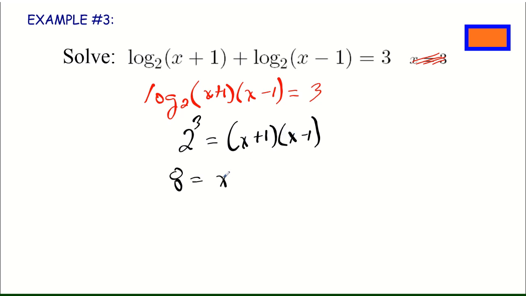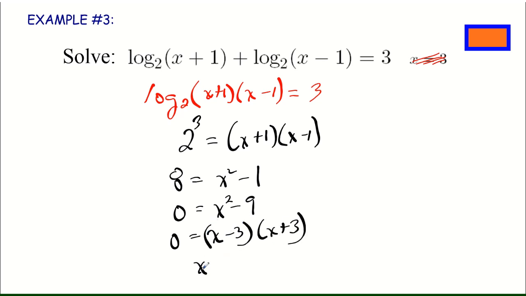X times x is x squared. Subtract x plus x, those are gone. We should have known that anyway. These are conjugates. Minus 1, set that equal to 0. That'll be x squared take away 9. Factor. Nice difference of squares example, giving me two possible answers, 3 or negative 3.